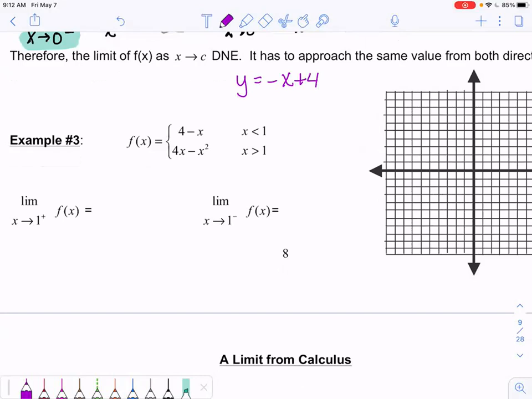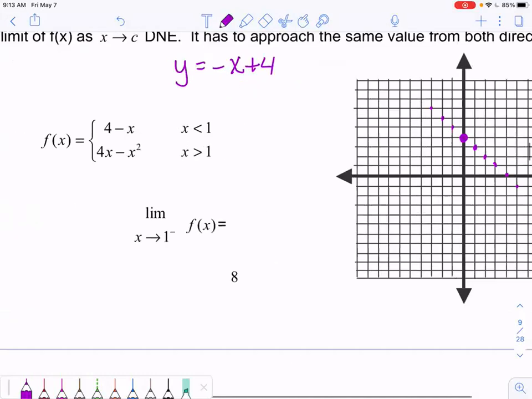So let's focus on graphing that line first. That line starts up at positive 4, and it has a negative slope, down 1, right 1. We're up 1, left 1.